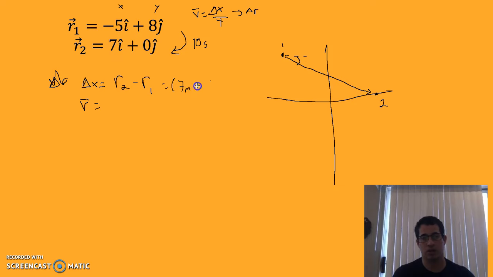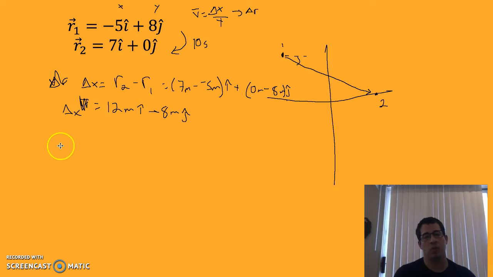So 7 meters minus negative 5 meters for I, R2 minus R1, plus for J, 0 meters minus 8 meters for J. That's going to give us a positive 12 meters for I, and a negative 8 meters for J, and that's our displacement.